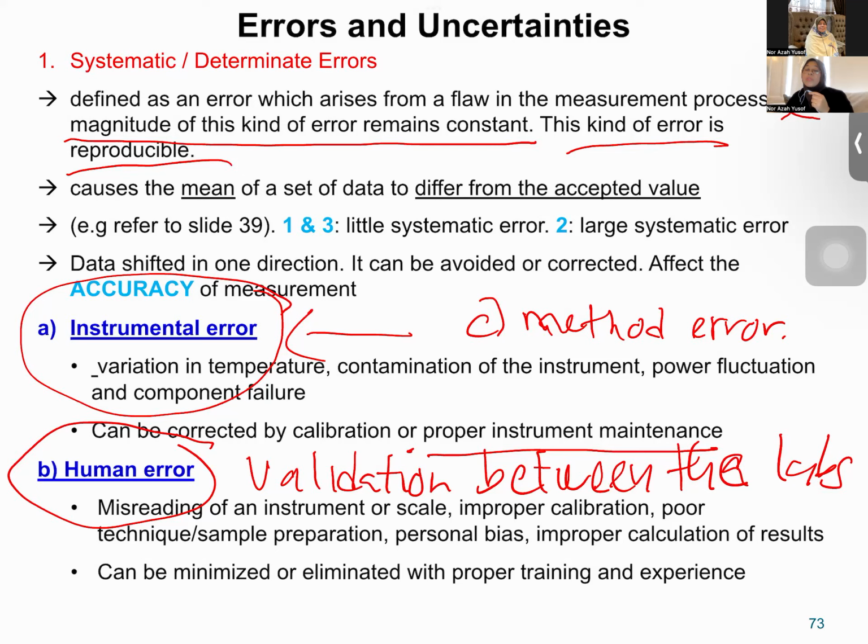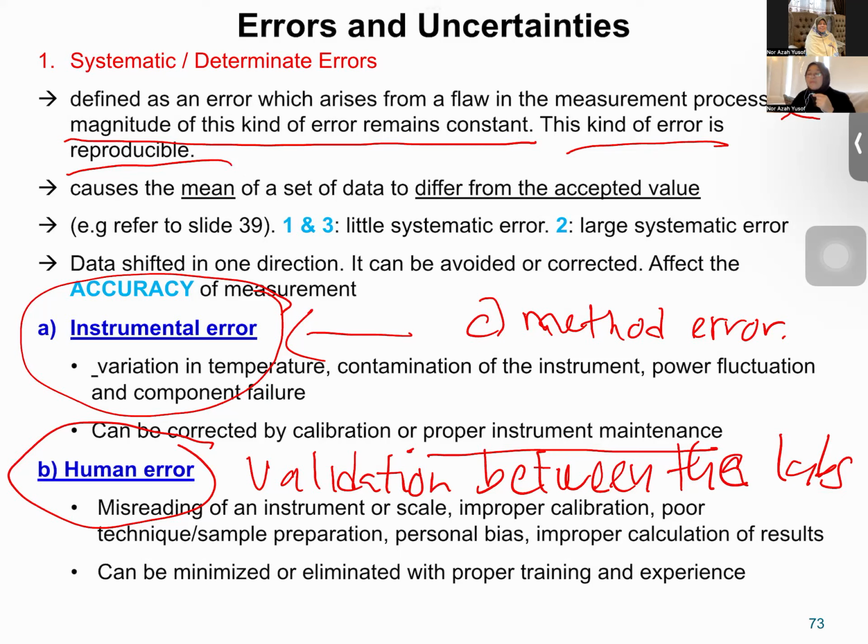you come to a wrong conclusion because you don't find it. You prepare a wrong method and you conclude it is not there. Then your conclusion might be wrong because you have chosen a wrong method. So method error is very crucial because it is based on your knowledge. Instrumental error is quite easy.